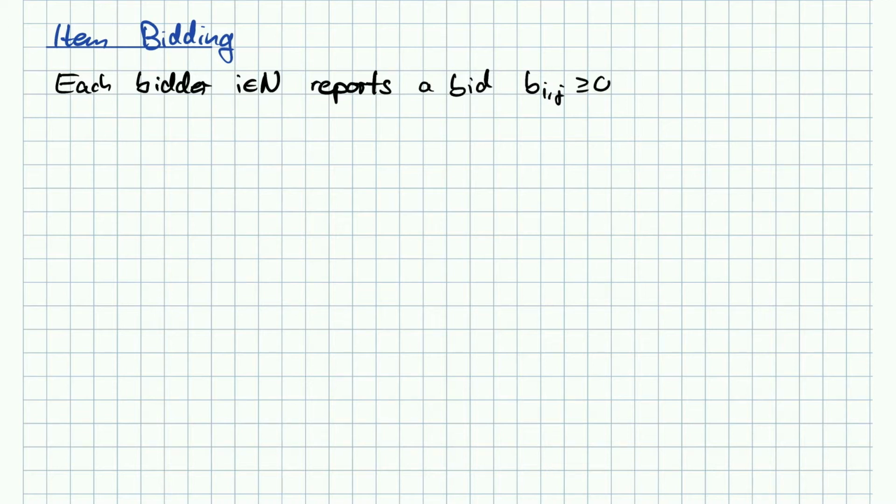So what will this look like? Each bidder i reports a bid b_ij for every item.